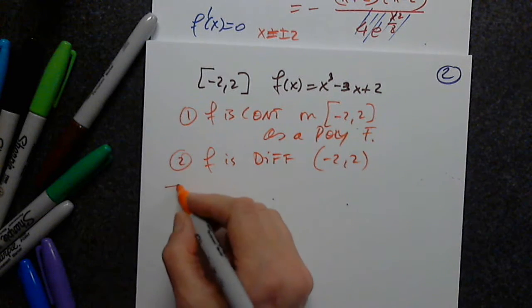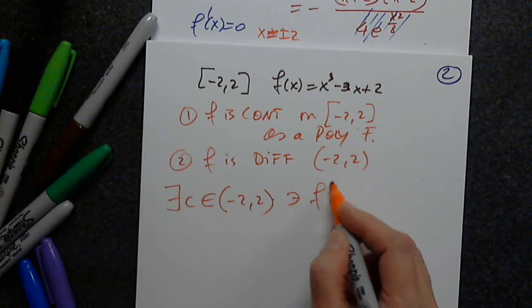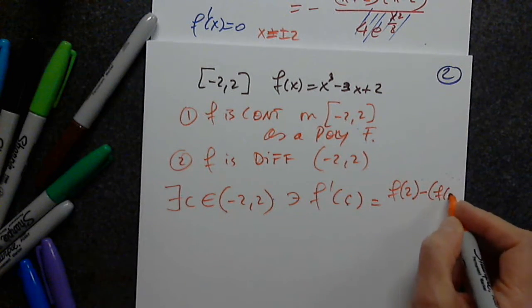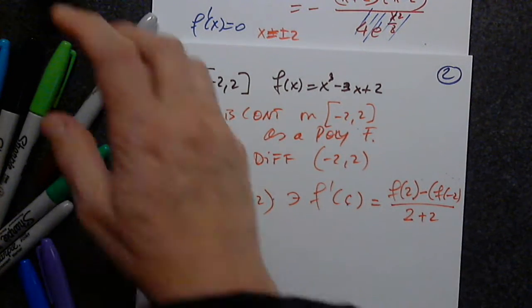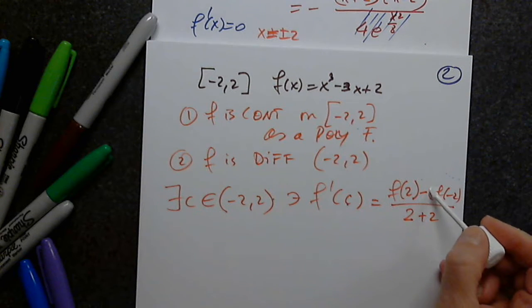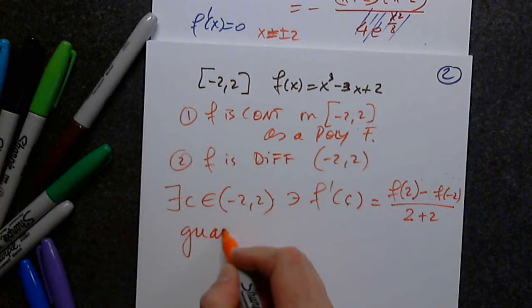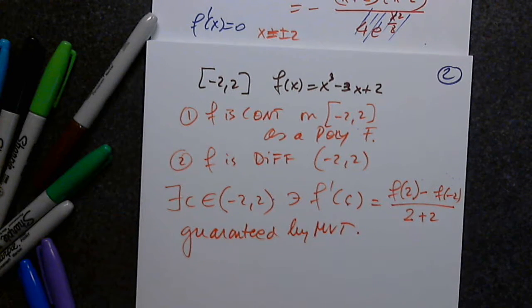And then I have to say that there exists a C in the open interval negative 2, 2, such that f prime of C equals f of 2 minus f of negative 2 over 2 plus 2, guaranteed by MVT.